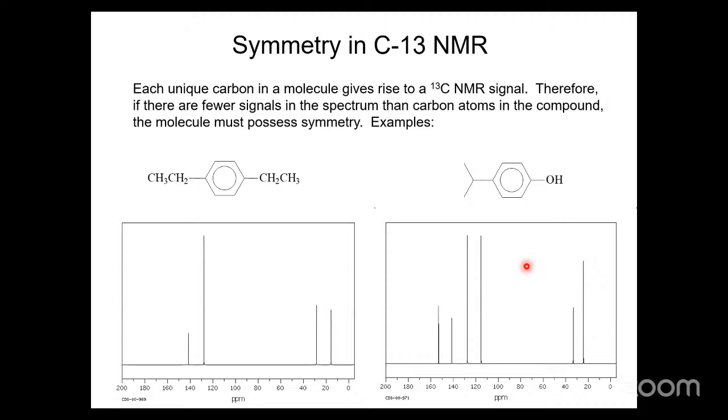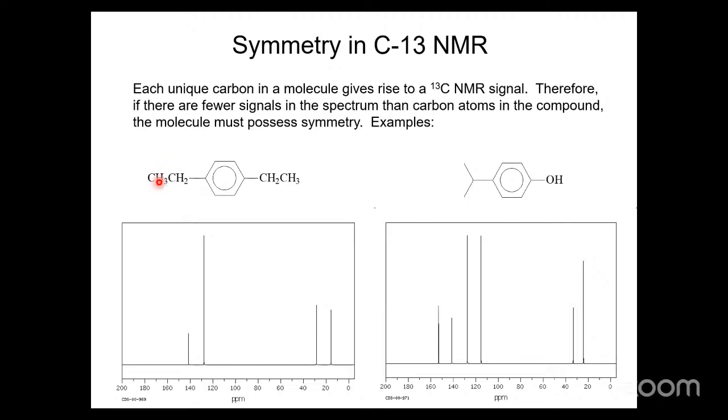So for each unique carbon in a molecule, you will get a signal in C13 NMR. If the number of signals is less, it's due to symmetry. Let's say this is 1,4-diethyl benzene. It has a symmetry which is passing through C1 to C4 carbon, which divides it into equal halves.